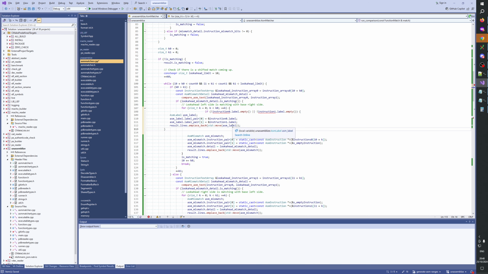So here we would have to say if instructions I0 plus k dot label, if not label dot empty, ASM label. Oh boy.